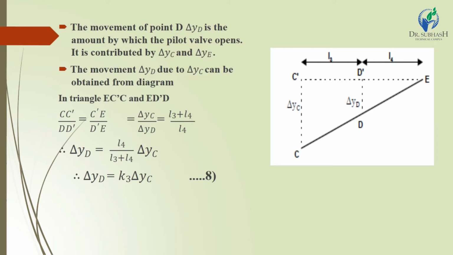In this diagram, the triangles are E C' C and E D' D. We can write that C'C upon D'D is equal to C'E upon D'E, so delta YC upon delta YD is equal to L3 plus L4 upon L4. So we can write that delta YD is equal to L4 upon L3 plus L4 into delta YC. In equation number 8, we can write delta YD is equal to K3 into delta YC.